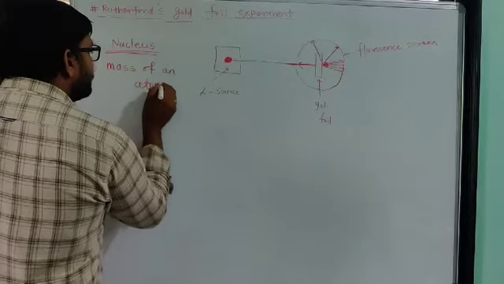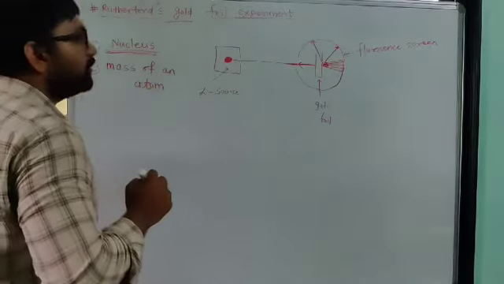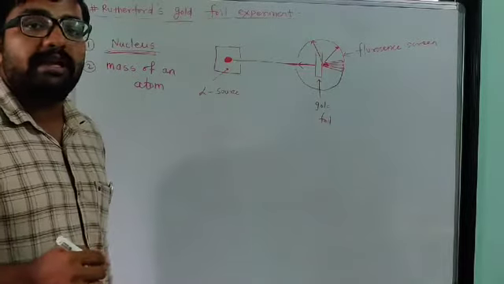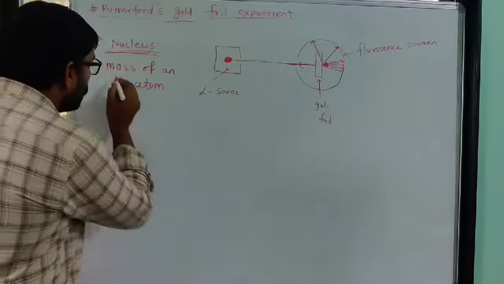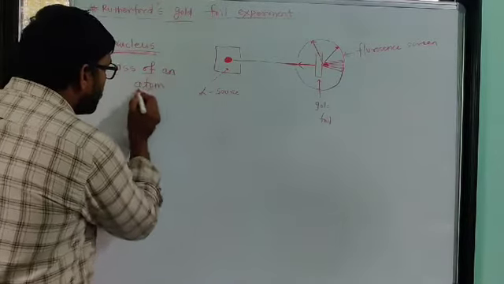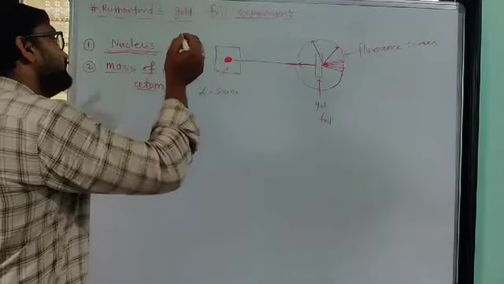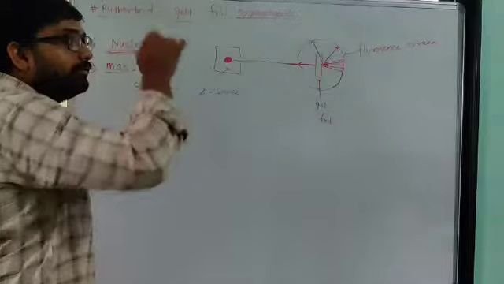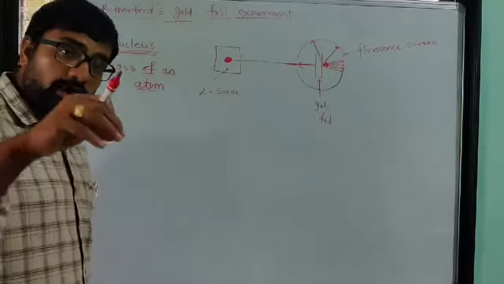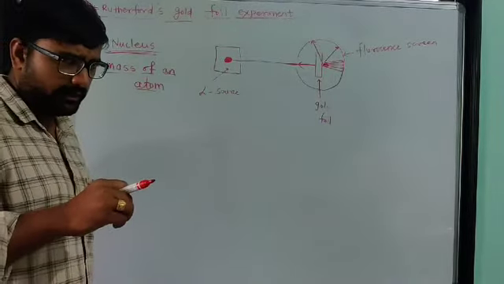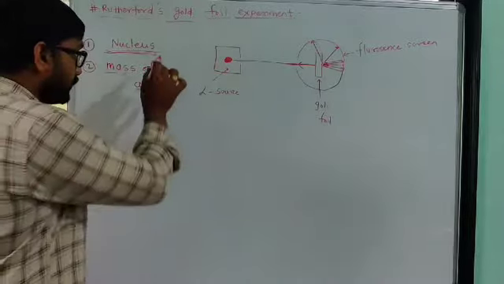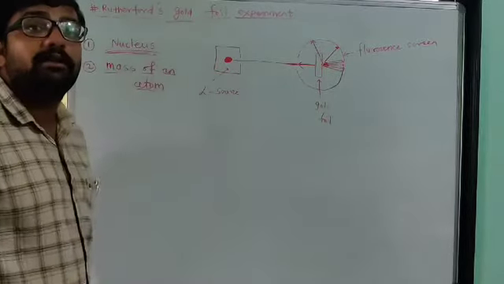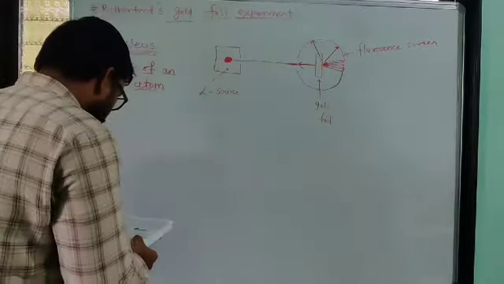In the second prediction, Rutherford tells us that the whole mass of an atom is gathered at that center, which is nothing but the nucleus. So whatever mass the atom has is due to this nucleus.